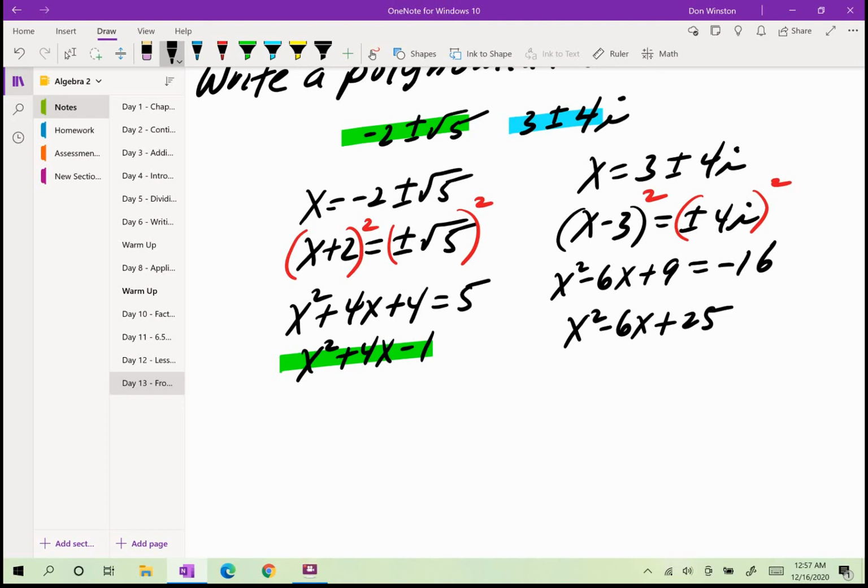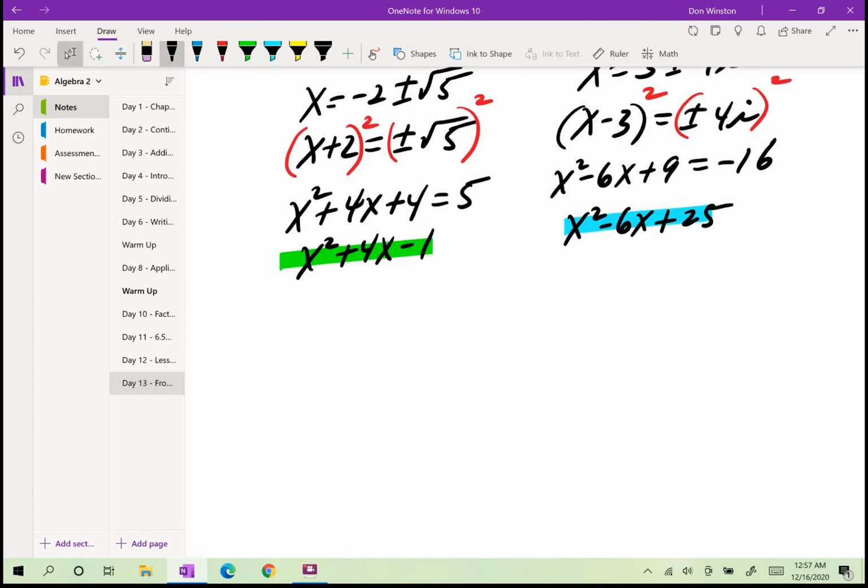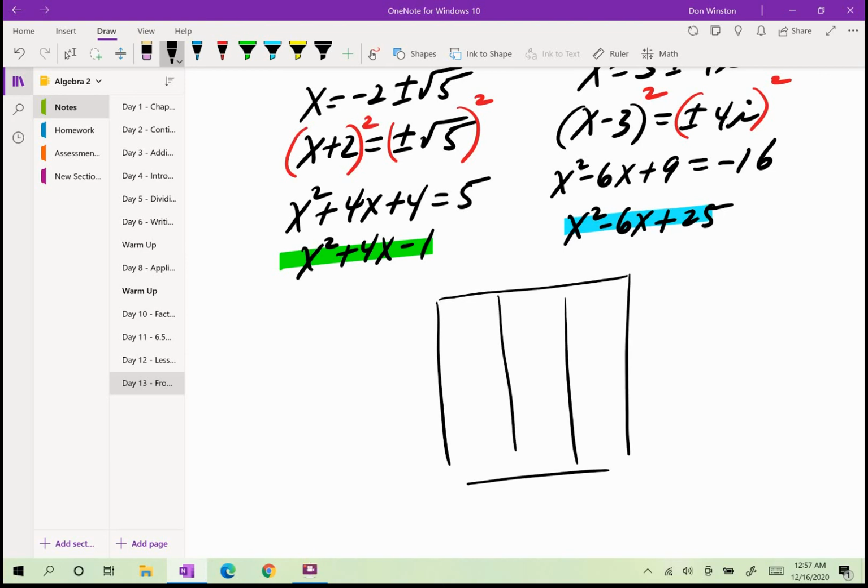Okay, and so then I'll have to multiply everything together. And this is where I'll use the box method. I find it much easier to organize things here. Okay, so I have my x squared, my 4x, and my minus 1, and my x squared, negative 6x, and 25.